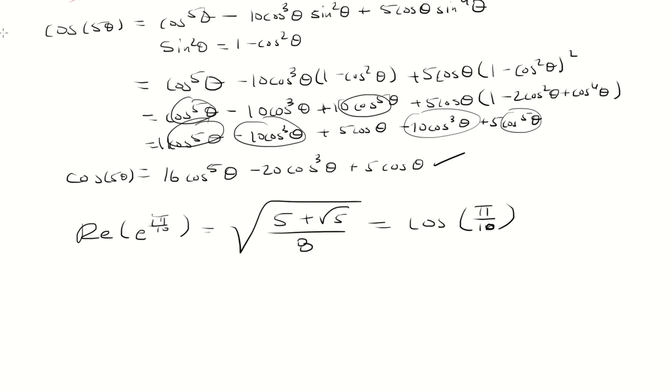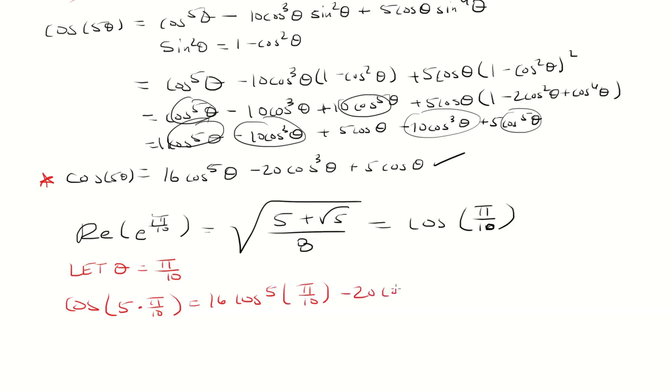So we want to use this equation to solve for it. Take that equation, and we're going to let theta equal pi over 10. So we have cosine of 5 times pi over 10 equals 16 cosine to the fifth pi over 10 minus 20 cosine cubed pi over 10 plus 5 cosine pi over 10.